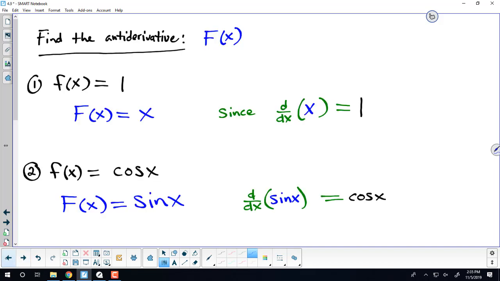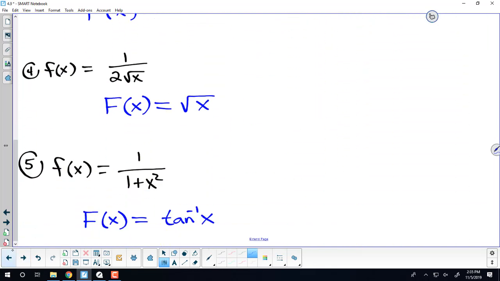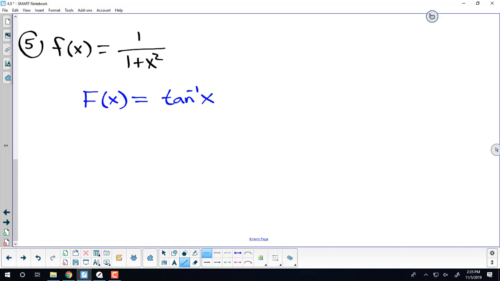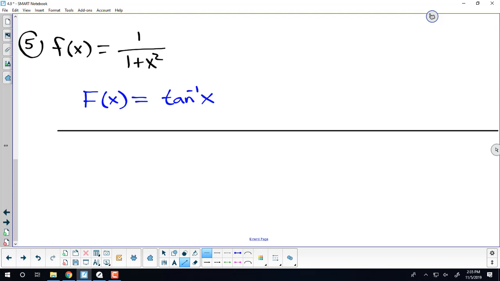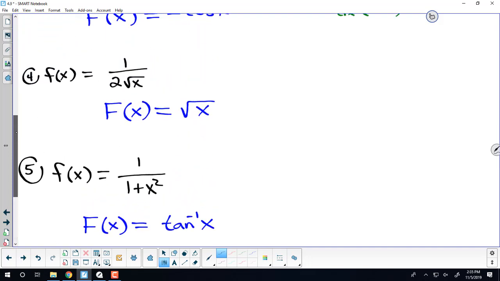Well, let's just mention here, as has been pointed out, the antiderivative isn't unique because the derivative of a constant is 0. It's a technical thing, but all of these functions that we're describing as the antiderivatives, we could have plus any constant in there and it would still be an antiderivative.